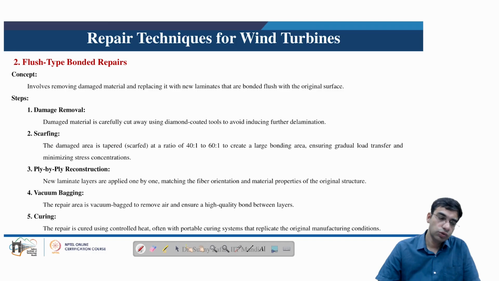Then is the use of vacuum bagging, where the repair area is vacuum bagged to remove air and ensure a high quality bond between the layers. The fifth step is the curing step, where the repair is cured using controlled heat, often with a portable curing system that replicates the original manufacturing conditions.